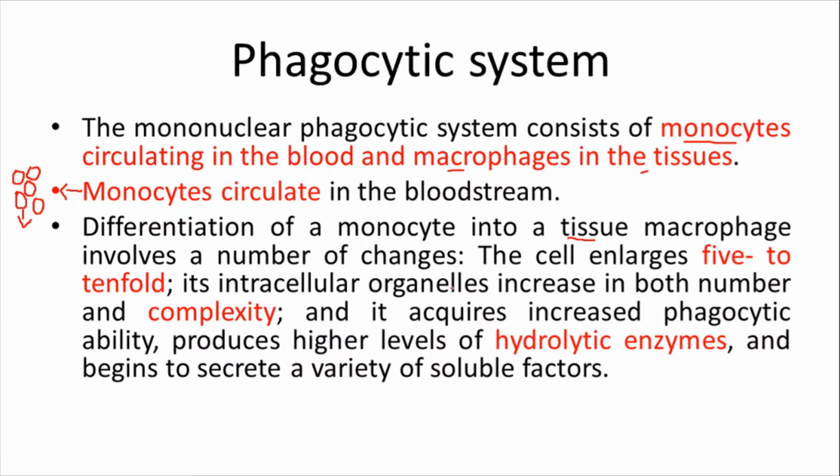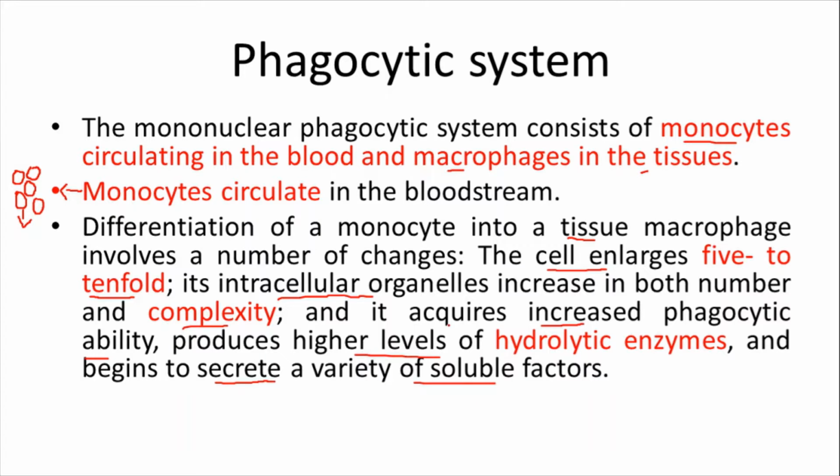In the differentiation, the cell is enlarged, about 10 times, and its membrane is folded. The intracellular organelles are increased, with increased complexity and increased phagocytic ability, and it produces a high level of hydrolytic enzymes and secretes a variety of soluble factors.